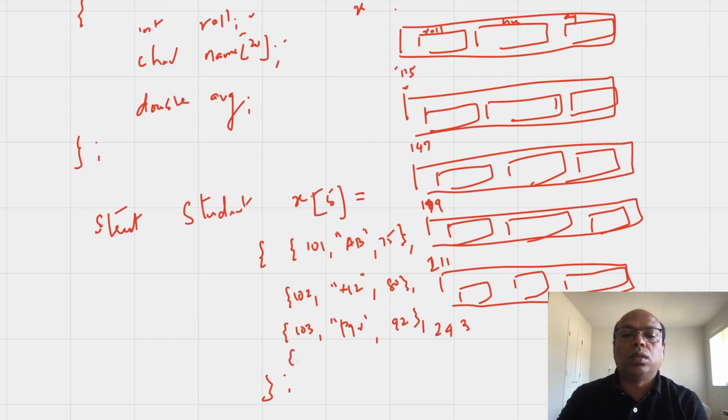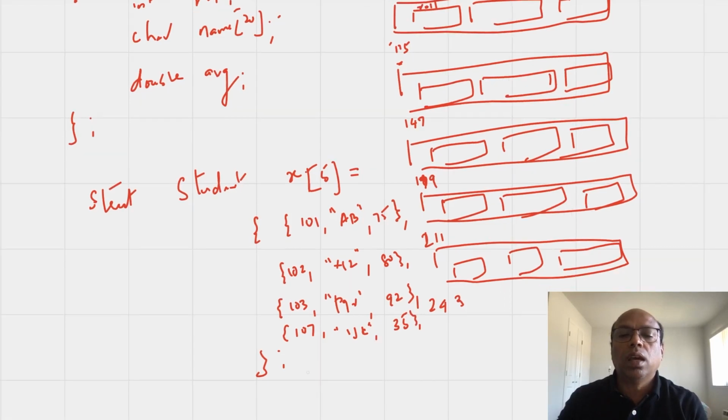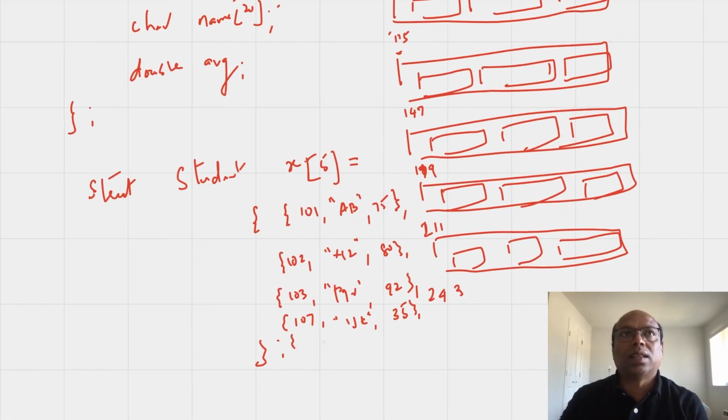Then 107 roll number, I put in this case IJK, and average 35, and then one last. See that it's going outside the curly brace because I don't have space, but it has to be within this curly brace: 104, PQRS, and 82.